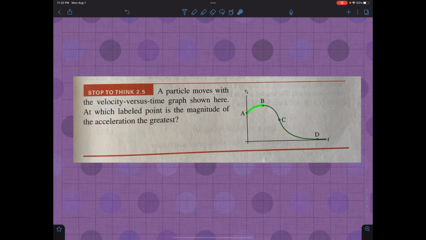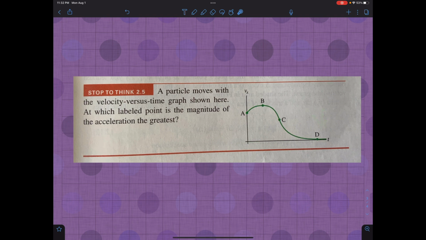It reaches a maximum right there at B. And then the velocity starts to decrease. The velocity here continues to decrease. And then this object is heading towards a velocity of 0 as we get to D.